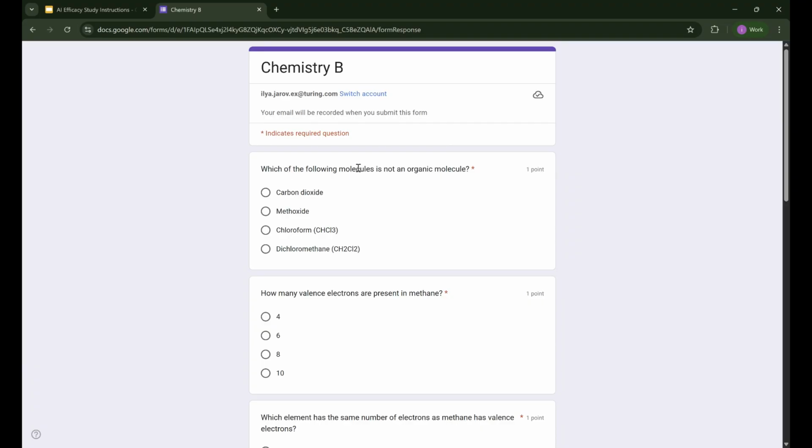Which of the following molecules is not an organic molecule? Okay, organic molecules have carbon in them, if I remember correctly. So it's not carbon dioxide. Maybe something oxide. Chloroform. No, so this has got a carbon in it. Oh, this is like how the naming thing worked. Dichloromethane.